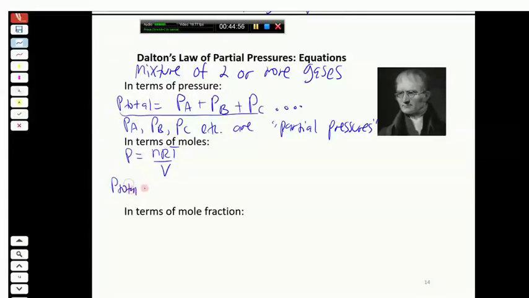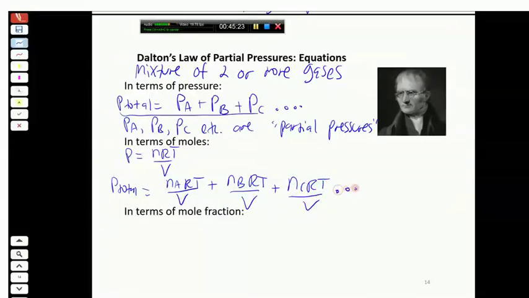So the total pressure is going to be the pressure of gas A, which is the number of moles of that gas, times RT over V. All of these gases, when they're mixed together, have the same temperature and occupy the same volume. So it's going to be the number of moles of A times RT over V, plus the number of moles of the second gas times RT over V, plus the number of moles of the third gas times RT over V, and so on forever, however many gases we have.